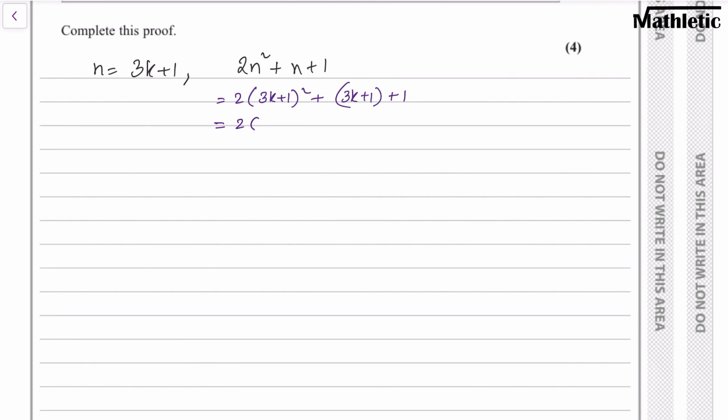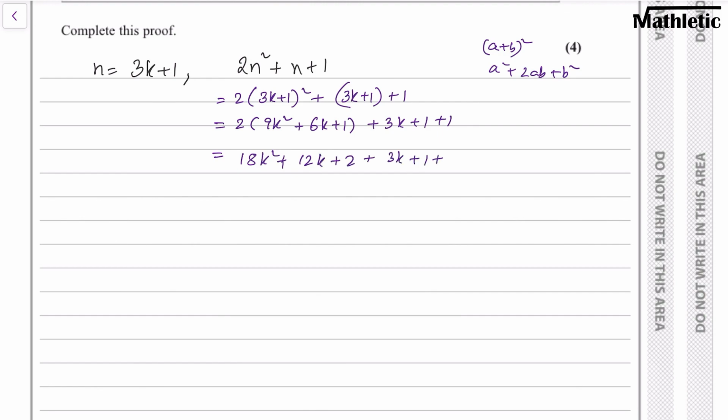I will expand this using the (a + b)² formula, which is a² + 2ab + b². So (3k)² is 9k². 2 into 3k into 1 as in 2ab is 6k, plus 1. So 2 into 9, 18. 6 2s is 12. So 18k² + 15k, and then you have plus 4.